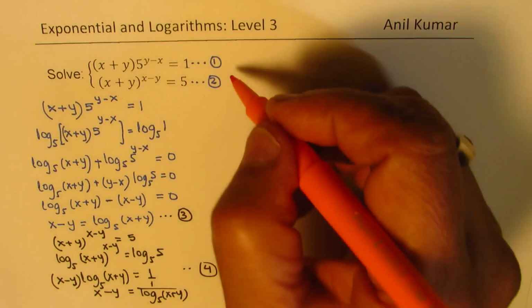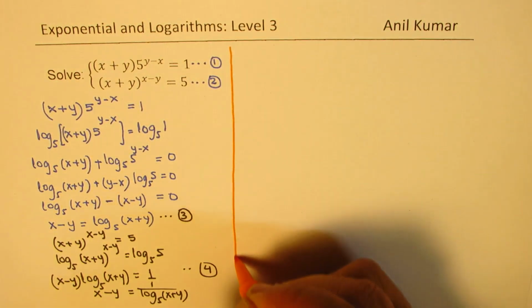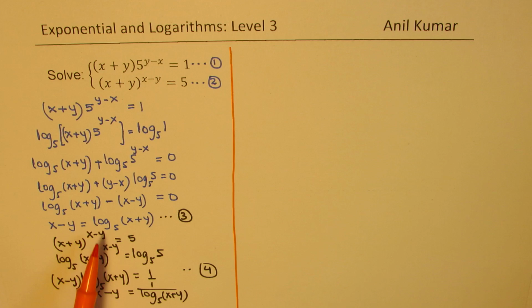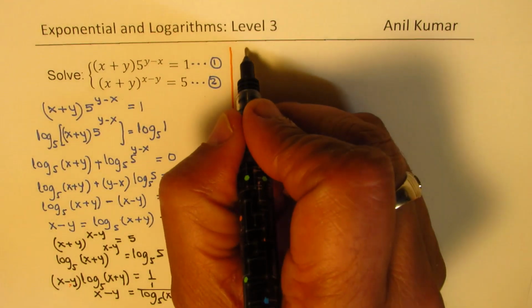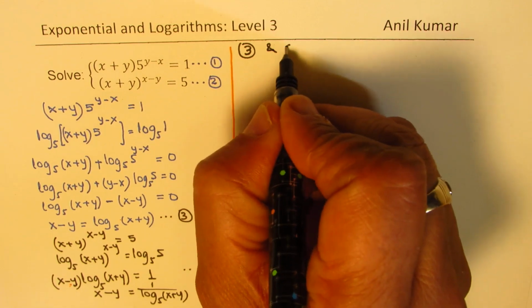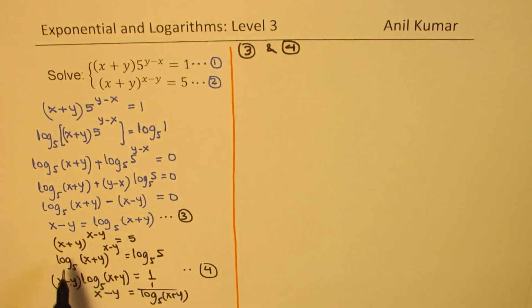So from equations 3 and 4, we see that x minus y is log to the base 5 of (x plus y). Here we see x minus y times log to the base 5 of (x plus y) is 1. Well, we can replace this with that and then get equation number 5, okay? So using 3 and 4, we have x minus y as log to the base 5.